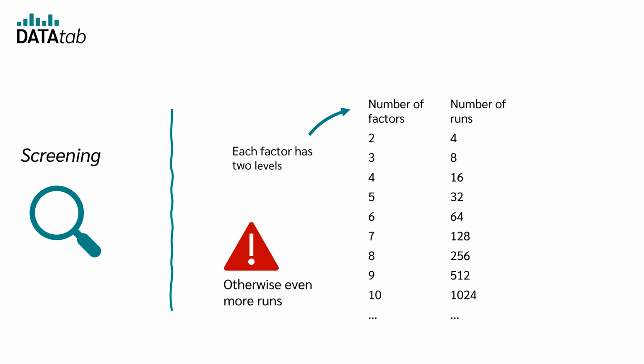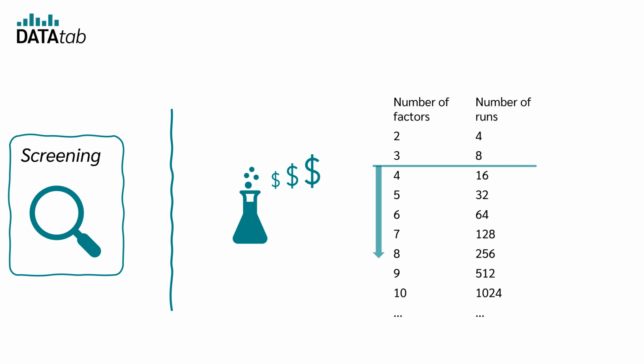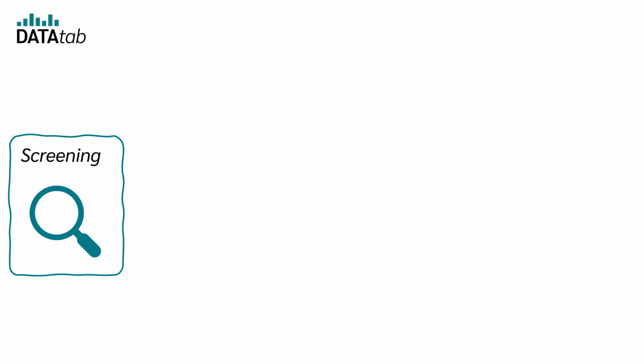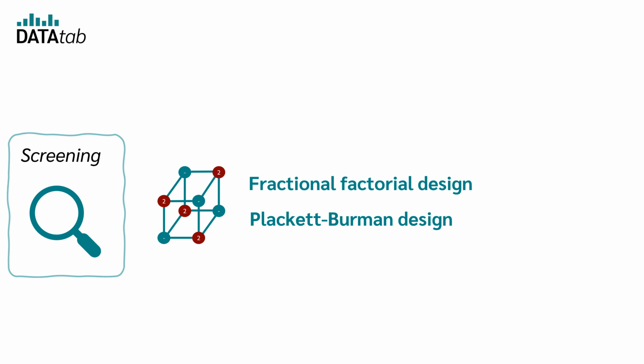Otherwise, there will be even more runs. Depending on how complex an individual experiment is, it may therefore be worthwhile to select so-called screening designs for 4 or more factors. Later, we will discuss the fractional factorial design and the Plackett-Burman design, which can be used for screening experiments.